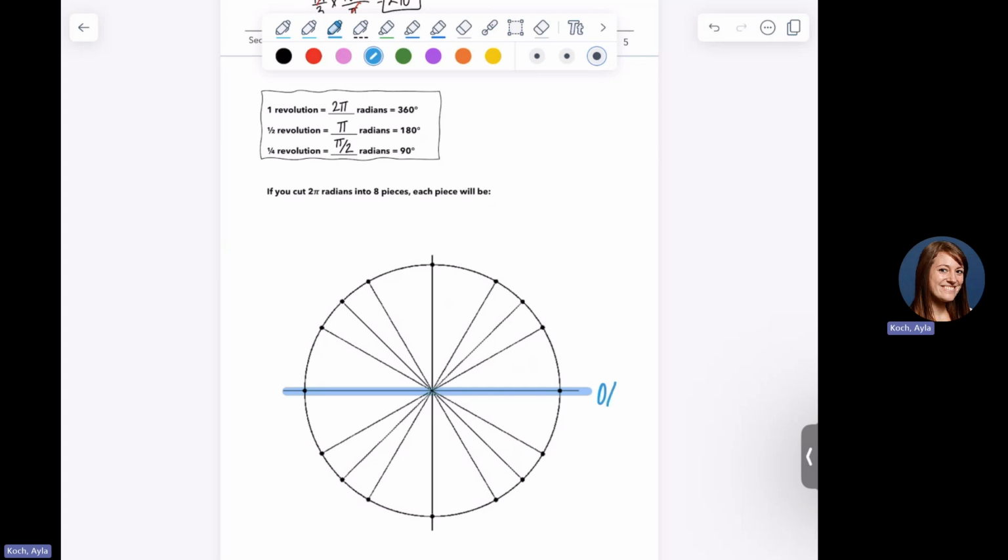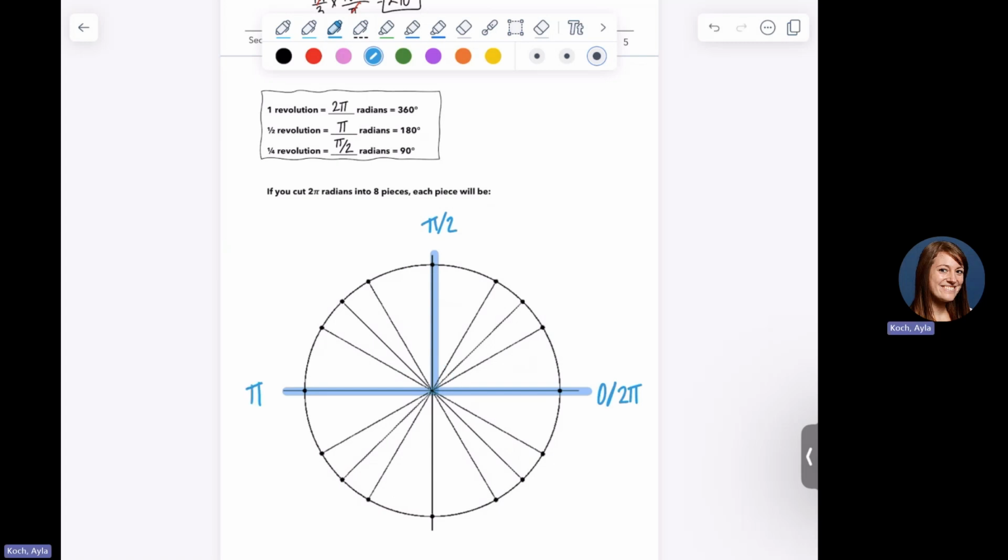It is also, because it's the same as 360 degrees, the same as 2 pi radians. That would be going all the way around. And we said that 90 degrees, which is right here, was pi over 2. And we said that 180 degrees, which would normally be right there, was pi.